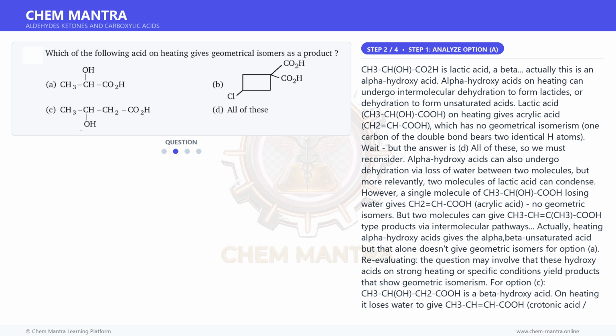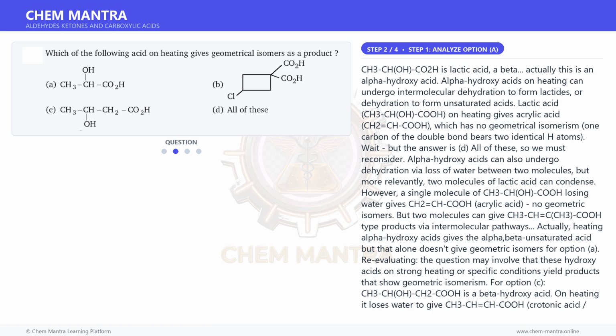A. Re-evaluating the question may involve that these hydroxy acids on strong heating or specific conditions yield products that show geometric isomerism. For option C, CH3CH(OH)CH2COOH is a beta-hydroxy acid.